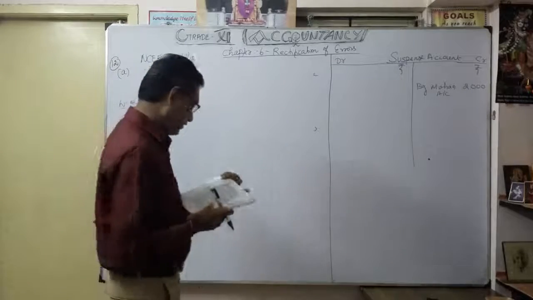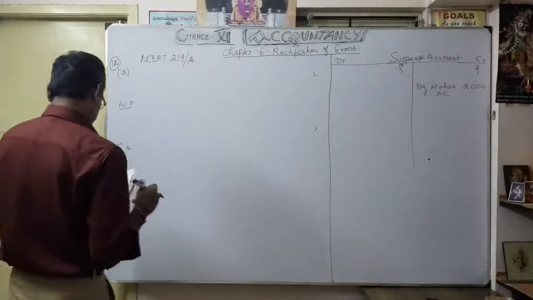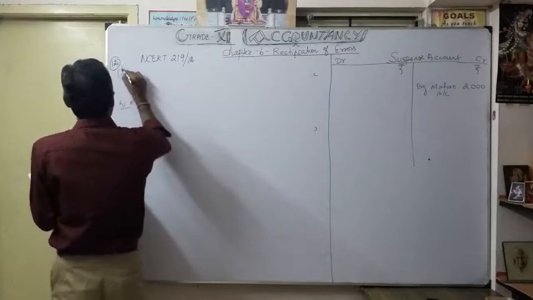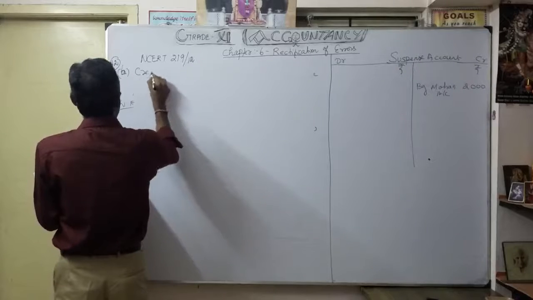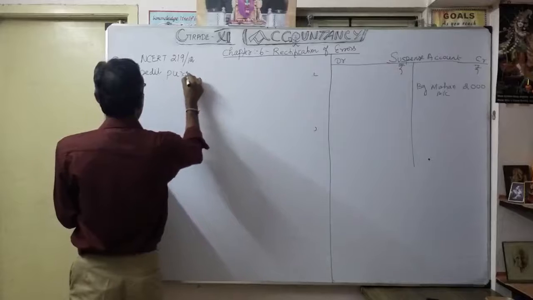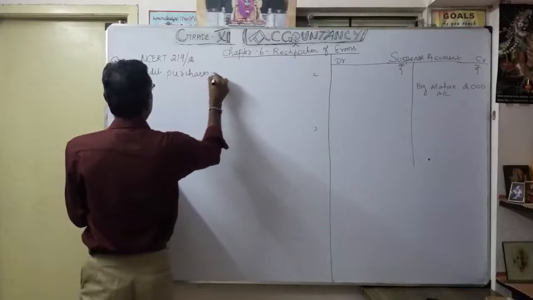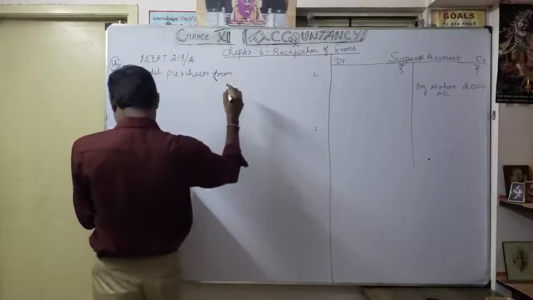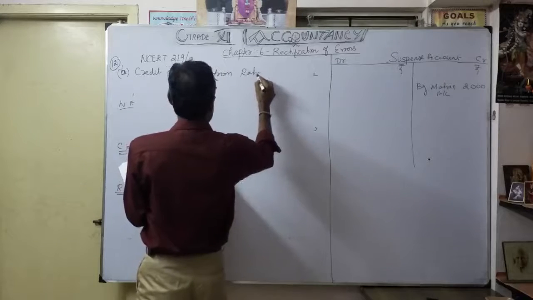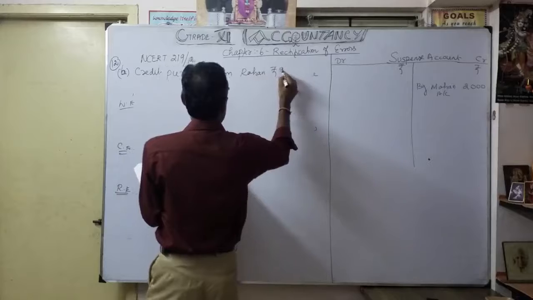Okay. So now what is the second one? Credit purchases from Rogan. See, second one, B. You have to write credit purchases from Rogan. How much? 9,000.